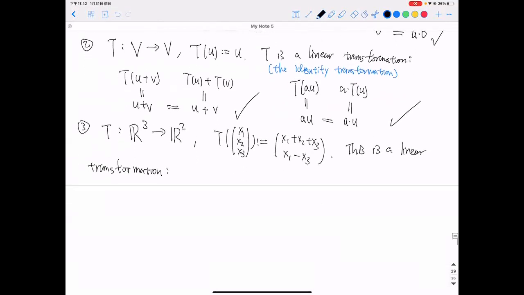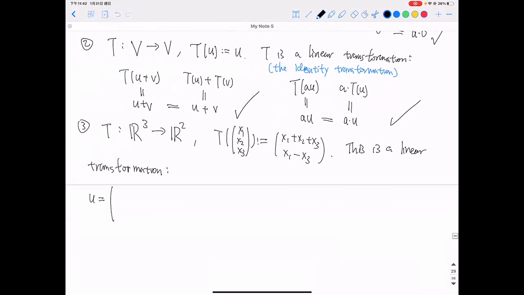And to see this, we again have to check the required properties. This time we have to spell out some more details about the inputs. Suppose U and V are given as follows. We can also have some number A. Then we still have to consider T of U plus V and TU plus TV.